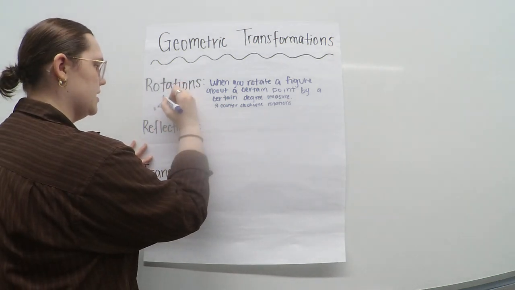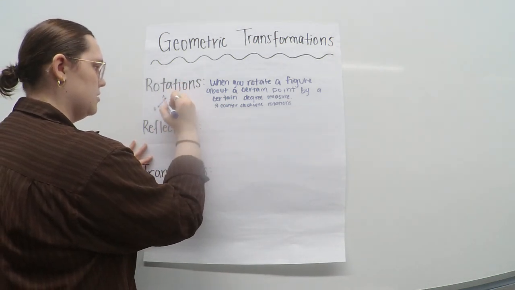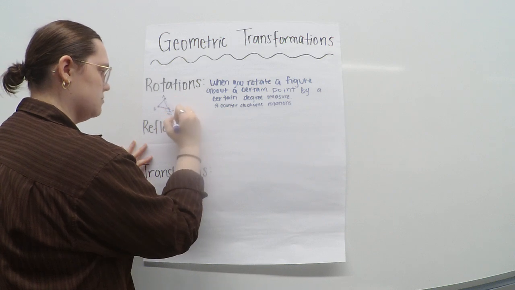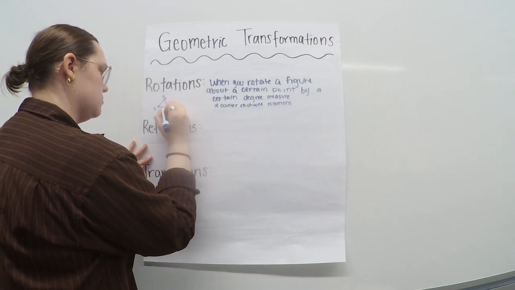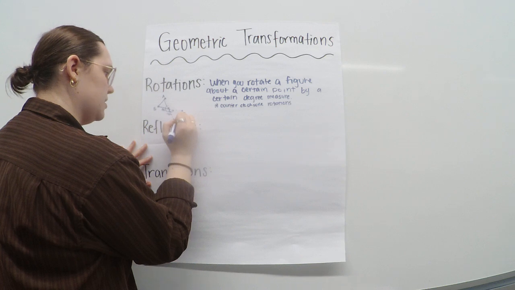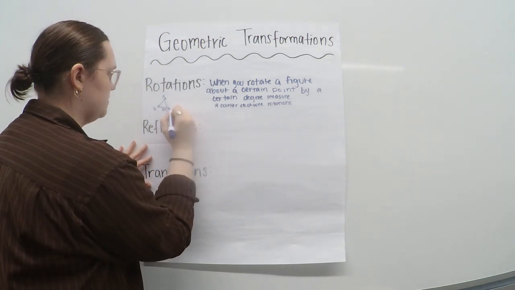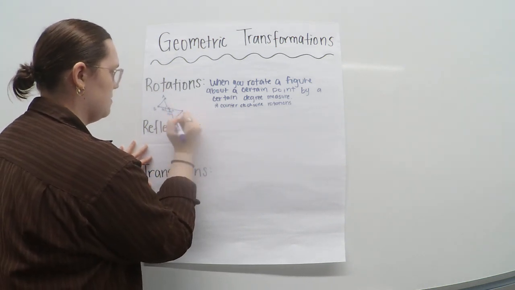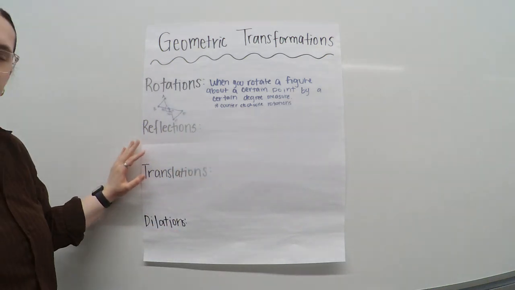And then point A is also getting rotated 180 degrees. So this is now going to be A prime. So then my new triangle is going to be A prime, B prime, and C prime.